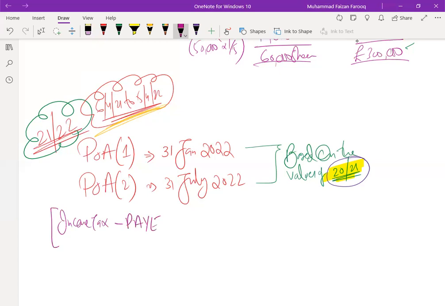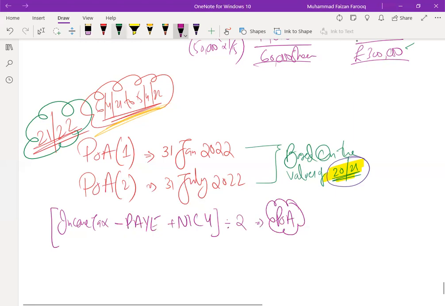This will be given. Income tax, pay as you earn, plus NIC 4, and whatever the answer comes, you divide it by 2. So you will get POA, payment on account.